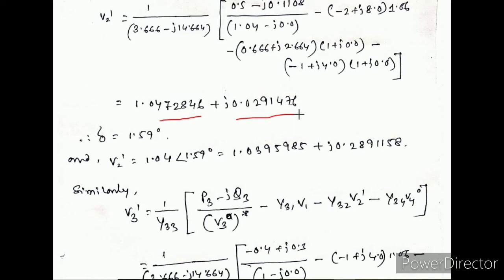This will be the v2 to the power 1 value. Here you can see we have put the p value as positive as well as the q value as positive. Now here v2 is given as x plus jy.